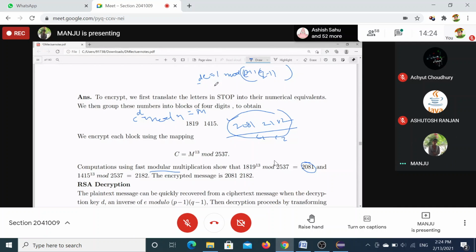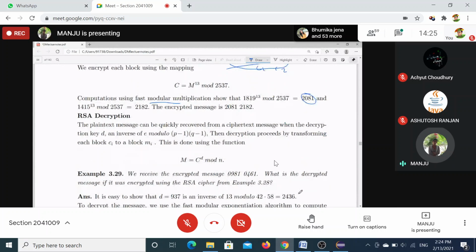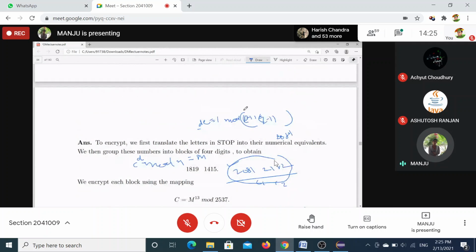Then take C1 raised to power D, that is 2081 raised to power D. D is the inverse of 13 under modulo (P minus 1) into (Q minus 1), which is 2436. We calculated in the last exercise that 937 is the inverse of 13 under this modulus. So 937 will work as D.